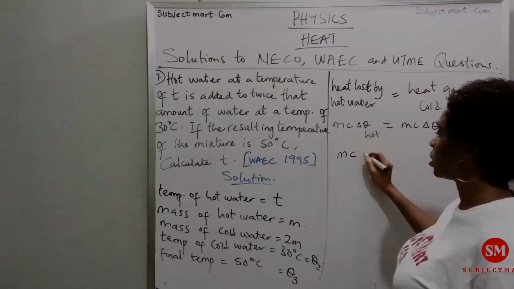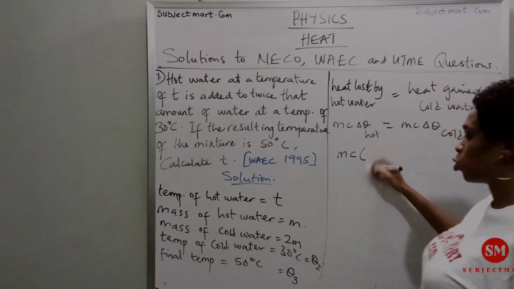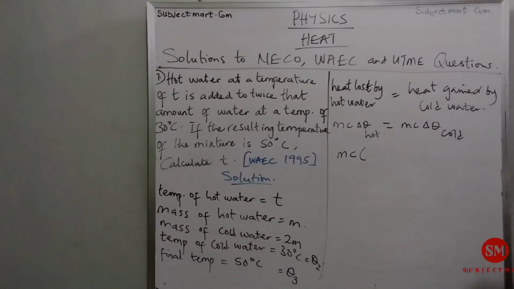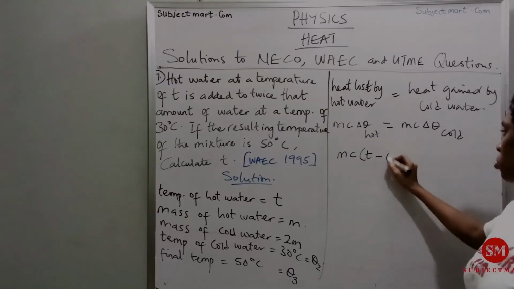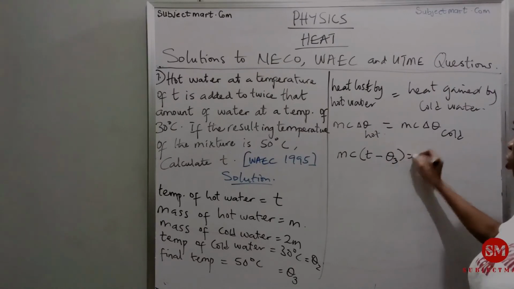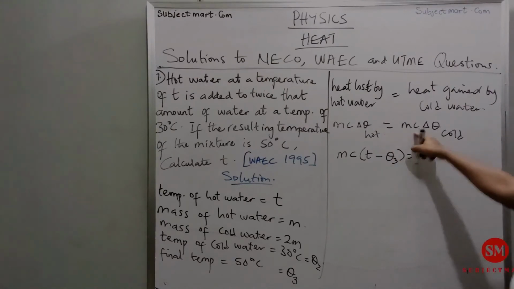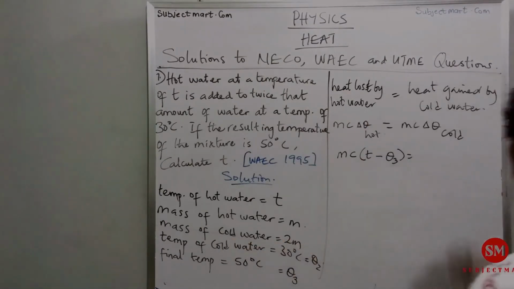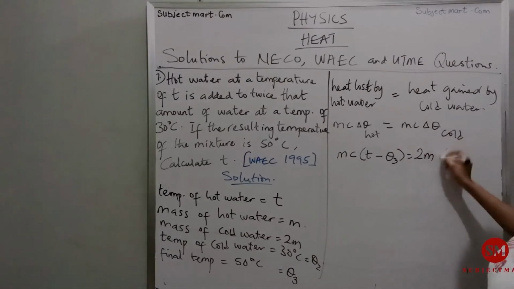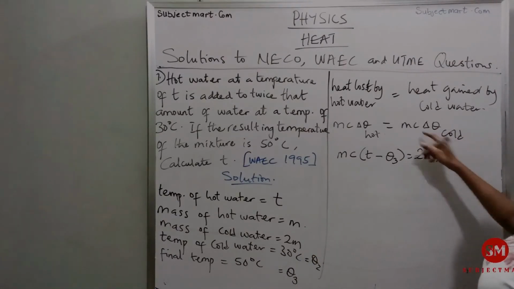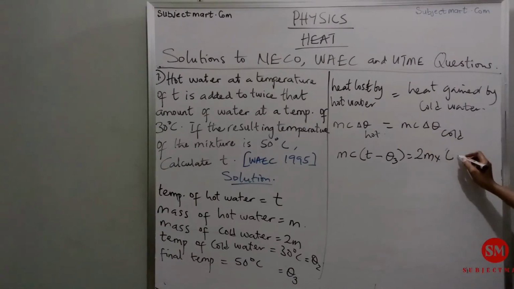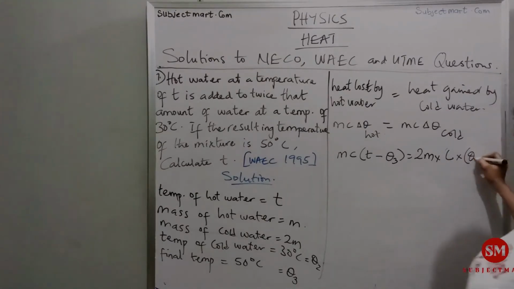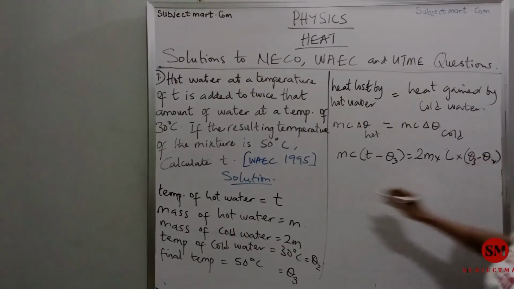I'm just going to put my C. Then the change in theta for the hot water is going to be T minus theta 3, which equals the mass of the cold water, that's 2M. I'm just going to write my specific capacity as C. Then change in theta here is going to be theta 3 minus theta 2.